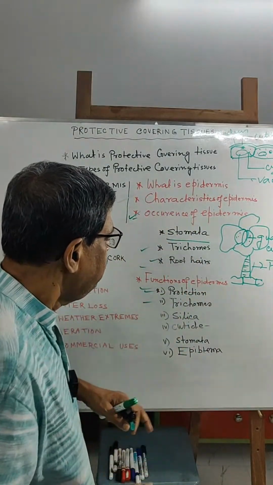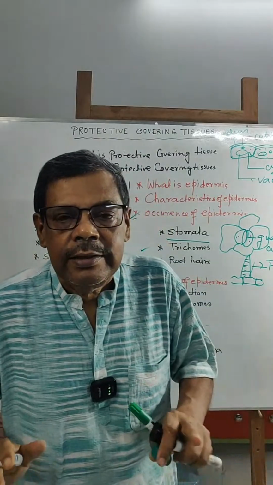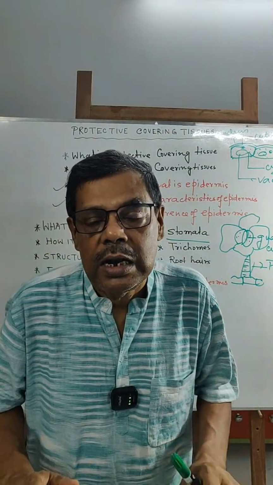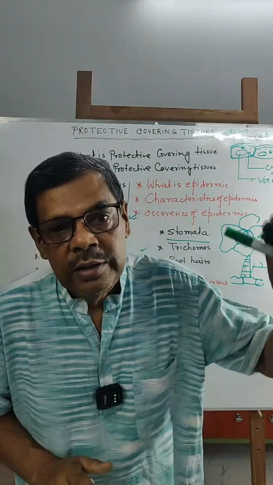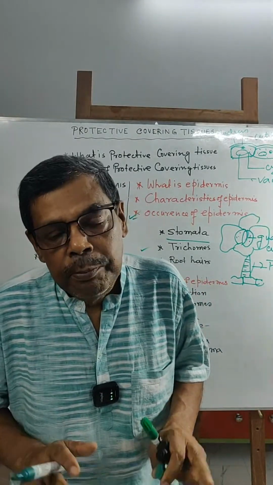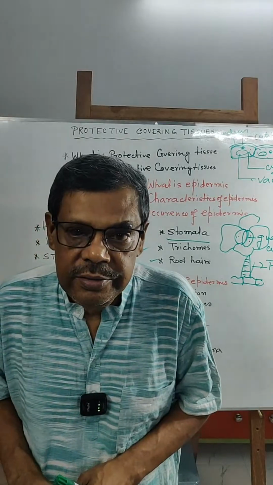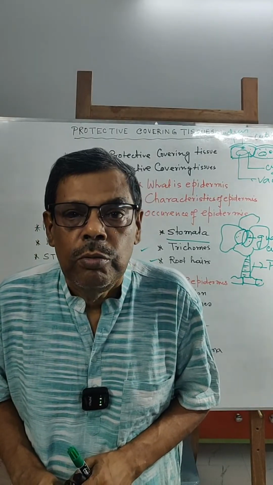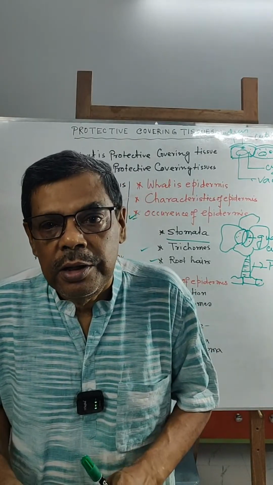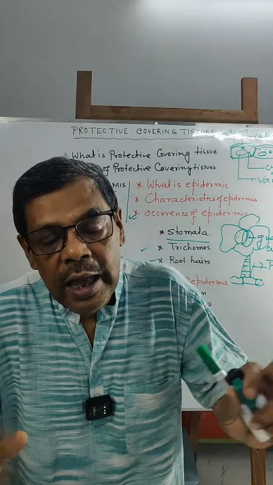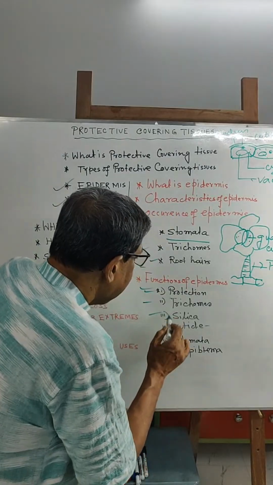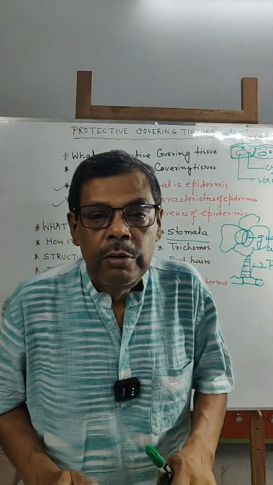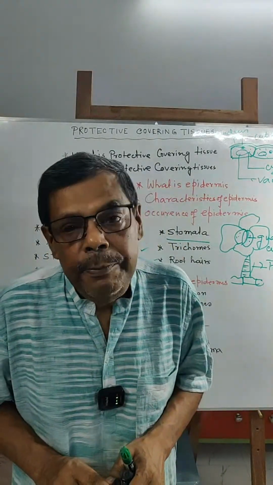Next, trichomes. Trichomes act as an insulating layer which prevents high temperature and sunlight, and protects the underlying layers. It also protects the layers from grazing animals. Next, silica. Sometimes silica is deposited upon the epidermis.